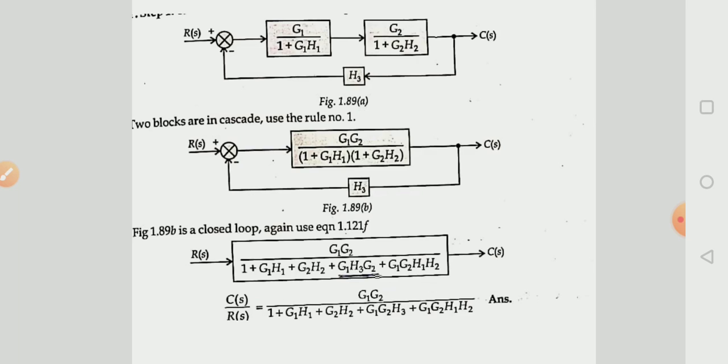For this you use the block diagram reduction technique. So by this we can find out the overall gain or transfer function easily for any complex block. But we need to follow some rules. Which rules? These rules which are used for the block diagram reduction technique.